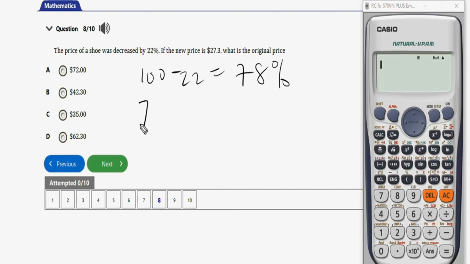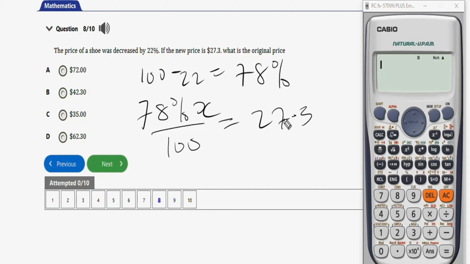So it will be 78% of the original price, let's call it X, over 100 equals $27.3.